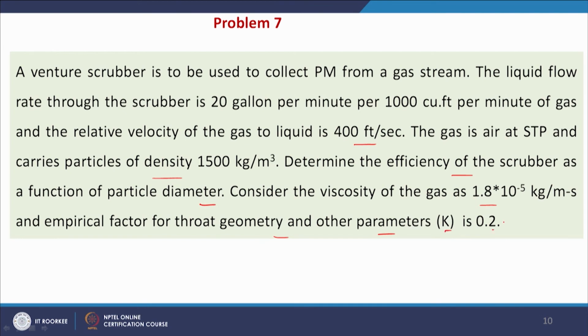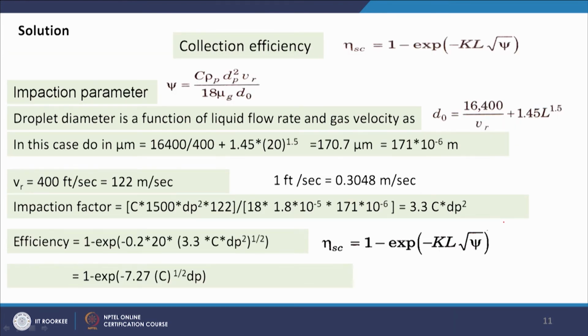So, this is a problem of a venturi scrubber, and for this case we know that the collection efficiency of the scrubber is equal to 1 minus exponential of minus k L into root of psi, where psi is the impaction parameter. This is the expression of psi, equal to C into rho p into dp square into Vr divided by 18 mu do, where do is the droplet size.